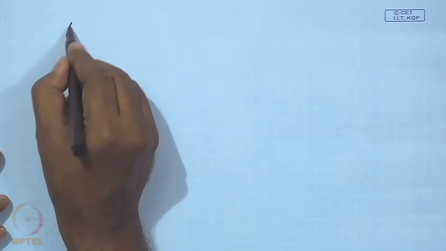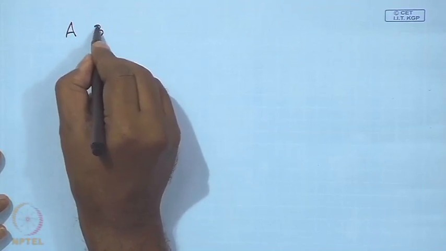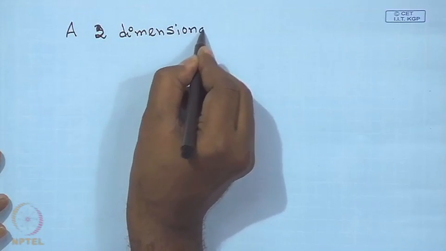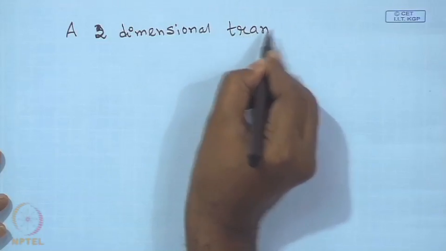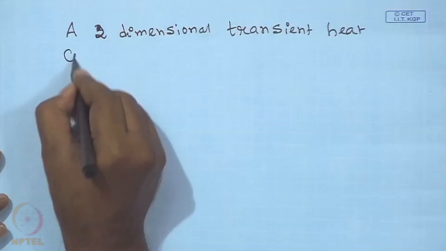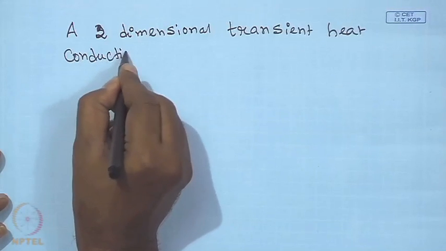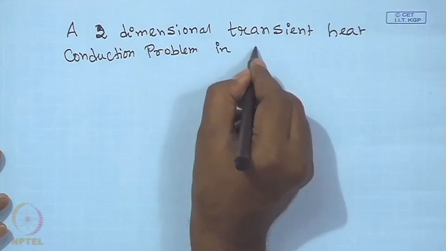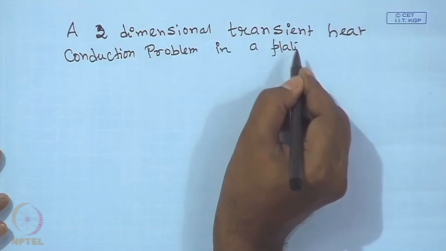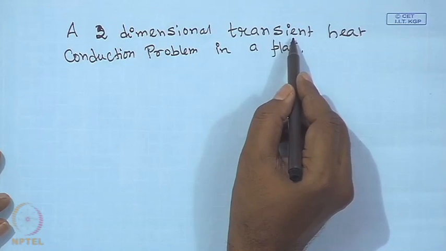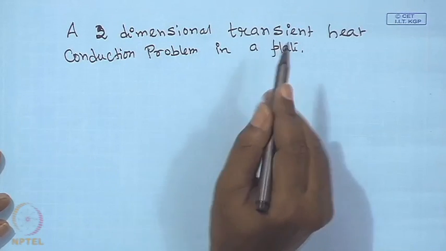So, for the next practical example, I will be taking again a 2-dimensional transient heat conduction problem in a rectangular plate. It is 2-dimensional in space and transient in time, so ultimately it is a 3-dimensional problem.